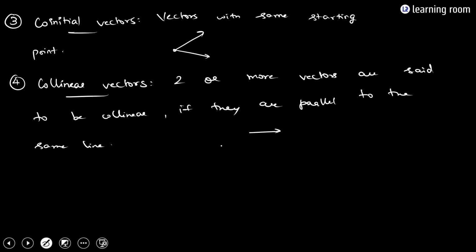So this is one vector, this is another vector. If these two vectors are parallel to a given line, then they both can be said as collinear vectors. Mostly collinear and parallel vectors are the same.